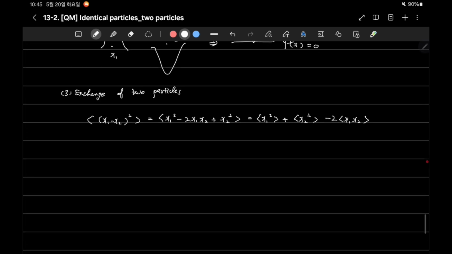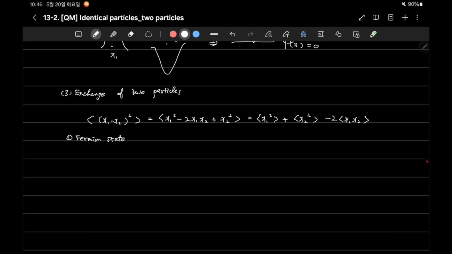The expectation value of this x square, or x1 and x2, can be differentiated between the fermion and the bosonic case. Let's think about the fermion state. In the bosonic case, it is trivial.